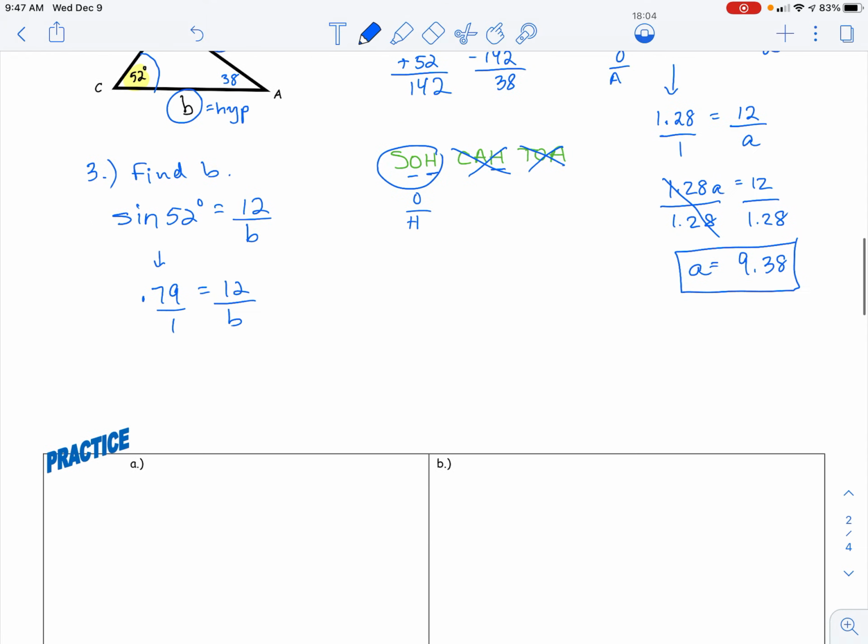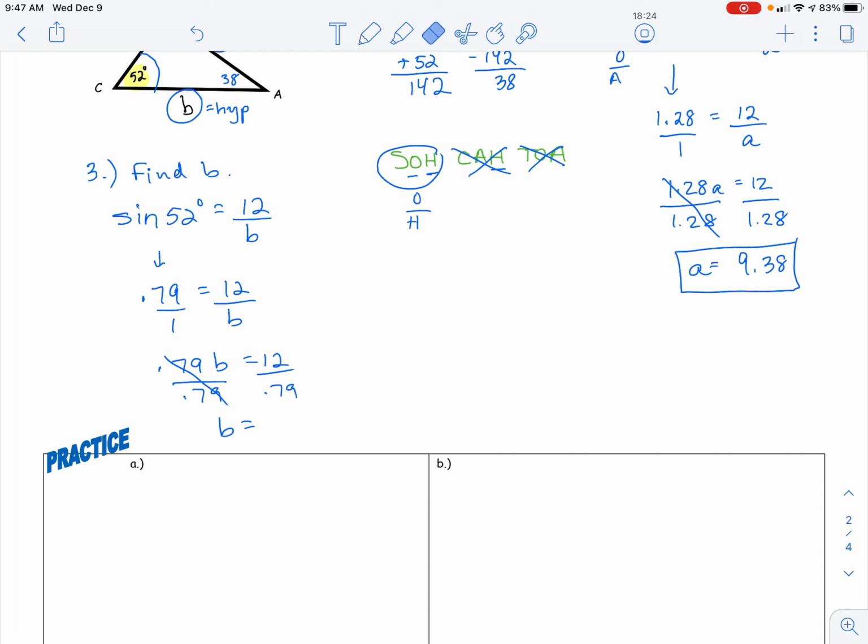We could do cross products again here. It's probably the easiest way to do this. 0.79B equals 12. We'll divide by 0.79. And B is going to equal 12 divided by 0.79 is 15 point, oops, wait a minute, something didn't turn out right.